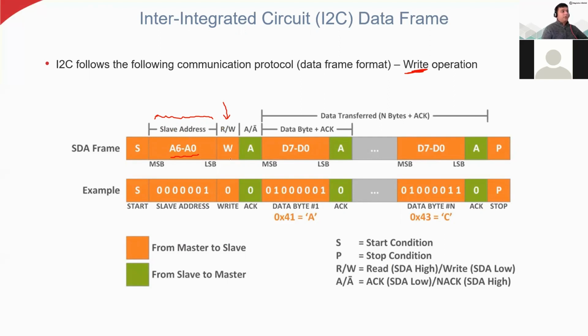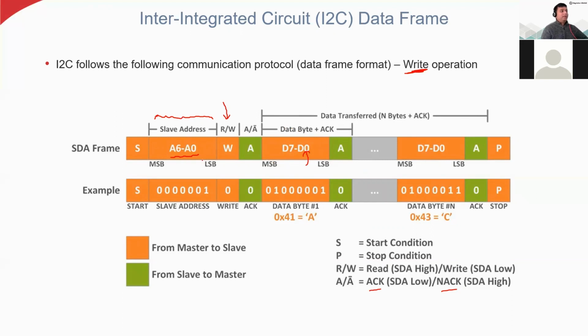What data are you going to write? You also have A and A bar, which indicate acknowledgement and no acknowledgement. And this is the actual data, D0 to D7, that is going to be written into this address.